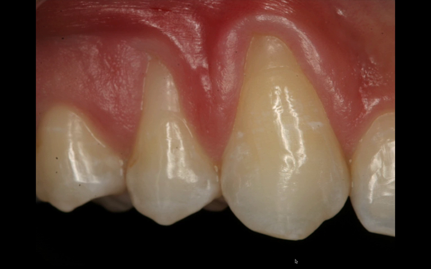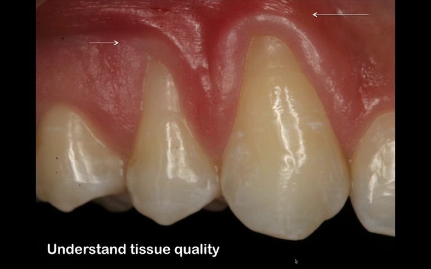Another thing that is important in predicting success with root coverage is the tissue quality. And I'd like you to see how much attached and keratinized tissue a particular recession site has. And the better the tissue quality and the more attached and keratinized tissue, the success rates will increase.